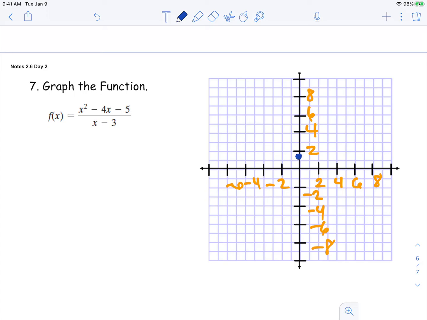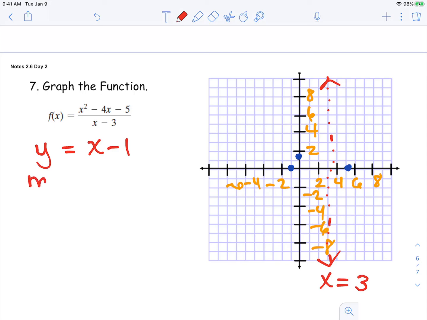So here's about where that y-intercept would be, and then x-intercept of 5, 0, x-intercept of negative 1, 0. Then we had that vertical asymptote at x equals 3. Our slant was at y equals x minus 1.